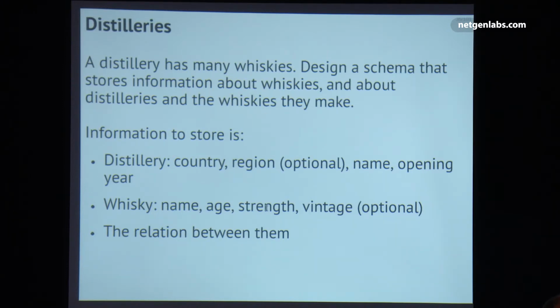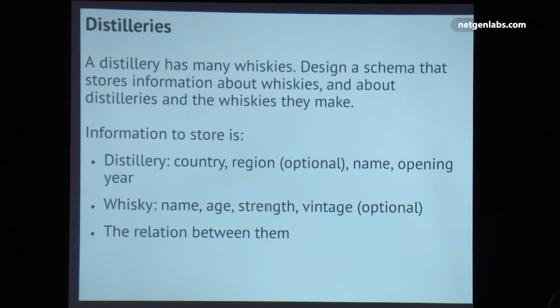So what we want to do is store information about whiskeys. Each whiskey distillery often has many different whiskeys, right? So we create a schema that stores information about whiskeys, about the distilleries, and about the whiskeys that they make. So information to store is, for each distillery, you want to know the country where they're in, the region, which is an optional thing. If you are into whiskey, then you know that in Scotland there are multiple whiskey regions.